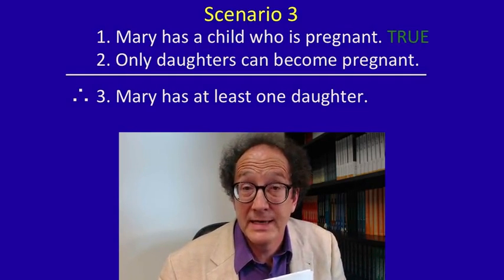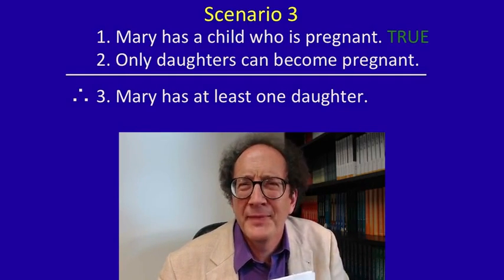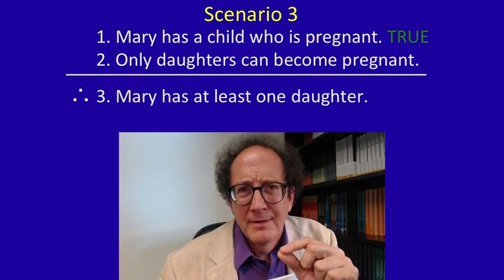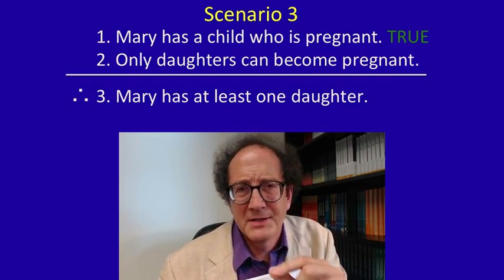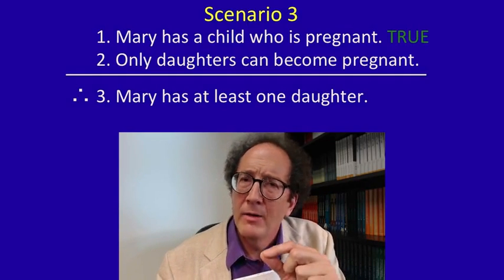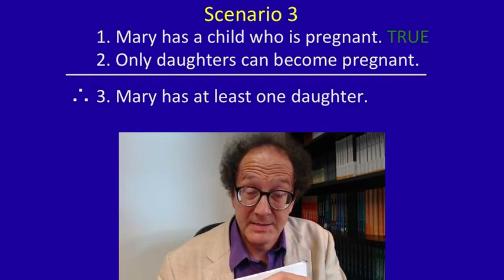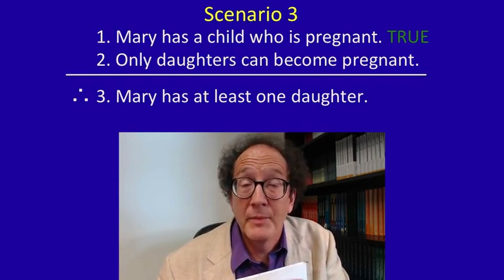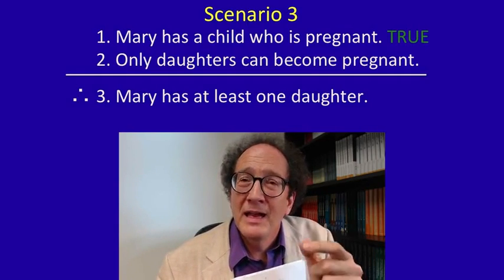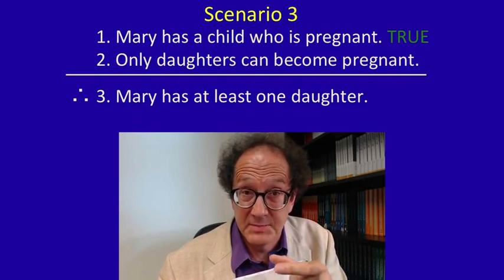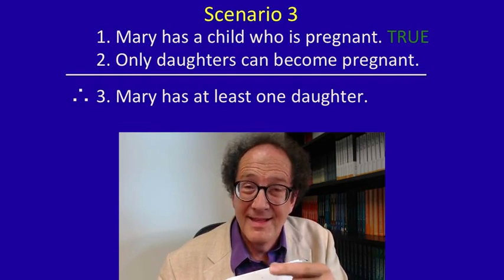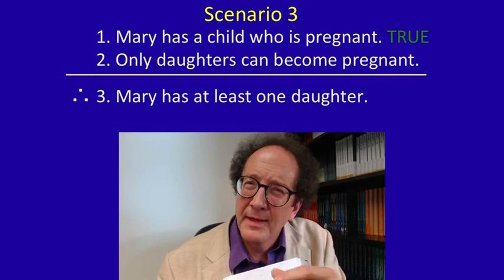Does that story make sense? Wait a minute. Either her child is a daughter or her child is a son. Now, if it's a daughter and it's pregnant, no problem, the conclusion's true. If it's a son, because that child sees himself as a male, then you've got a choice.